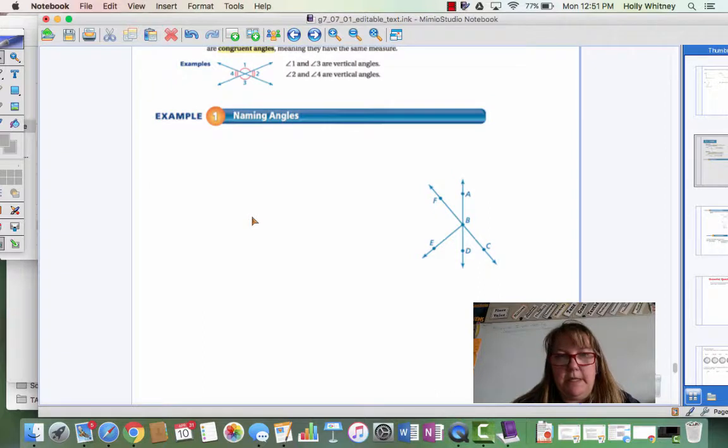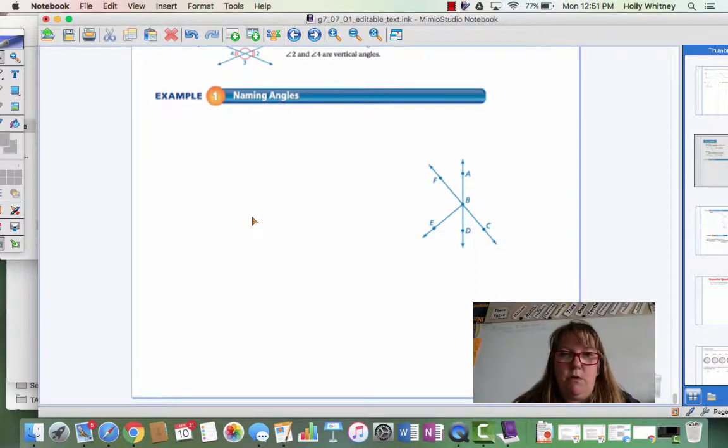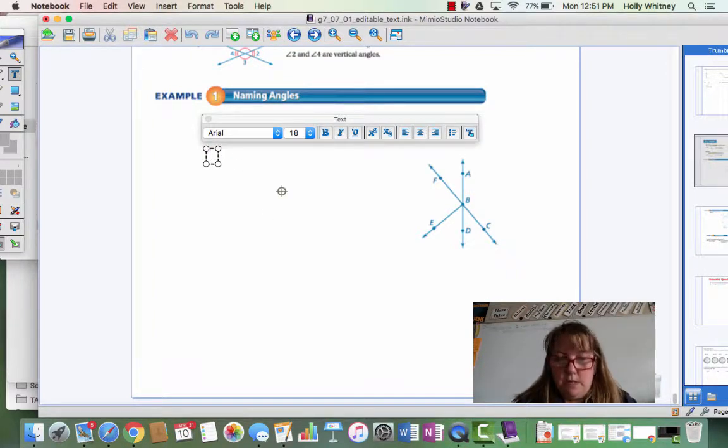So, naming angles. We talked about this yesterday when we were doing the activity, how to name angles. I'm going to type it using the less than sign. Normally it comes with an angle sign, but we'll use this for now.